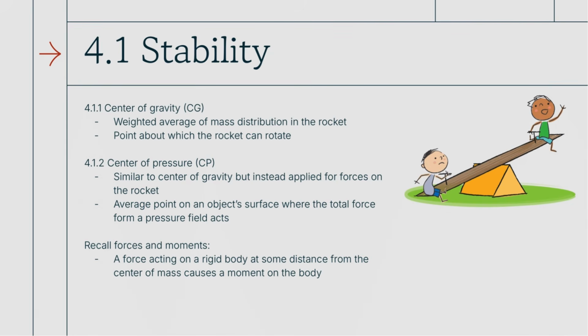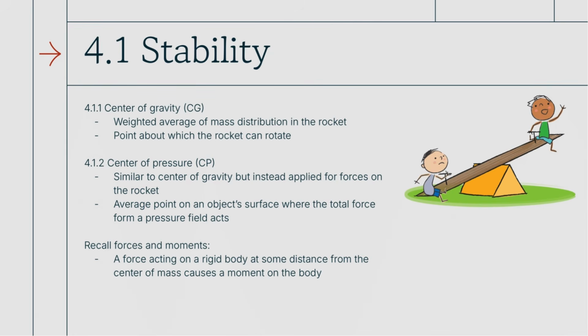So on a rocket, obviously, let's recall how forces and moments work, right? You have a force acting on a rigid body. At some distance from the center of mass, it will cause a moment. If this is my rocket and I'm pushing at it in line with the center of gravity, nothing happens to it because the force is in line with that center of gravity.